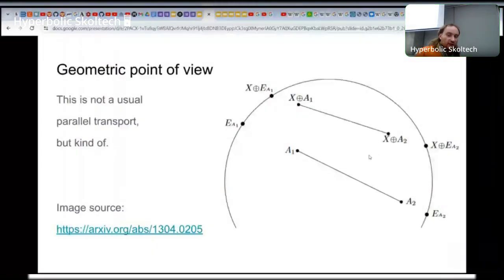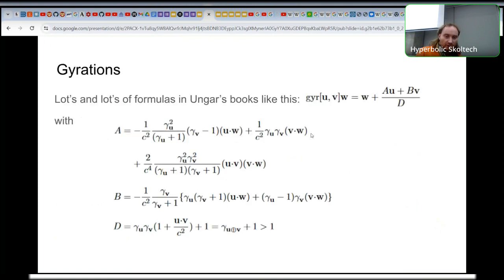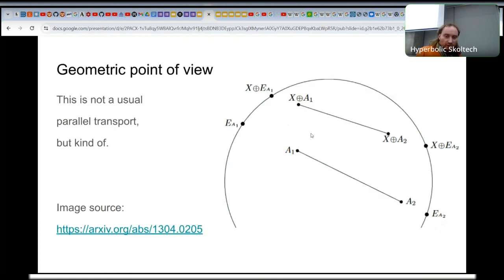And you are moving it not necessarily parallel to the original line. So this looks like this. This is a Klein model, actually, a ball and lines. And some explanation is on this link, but okay.